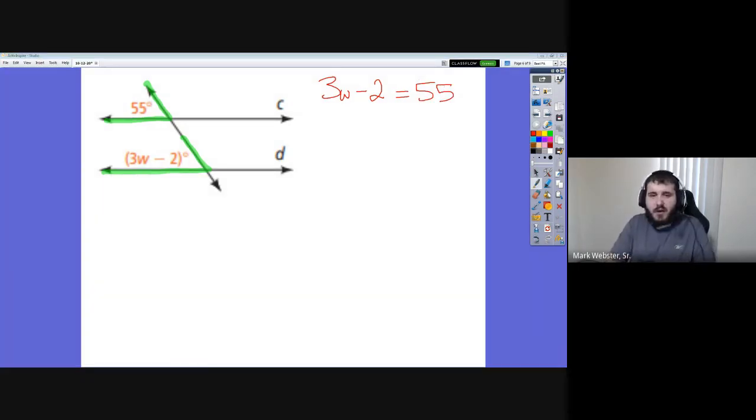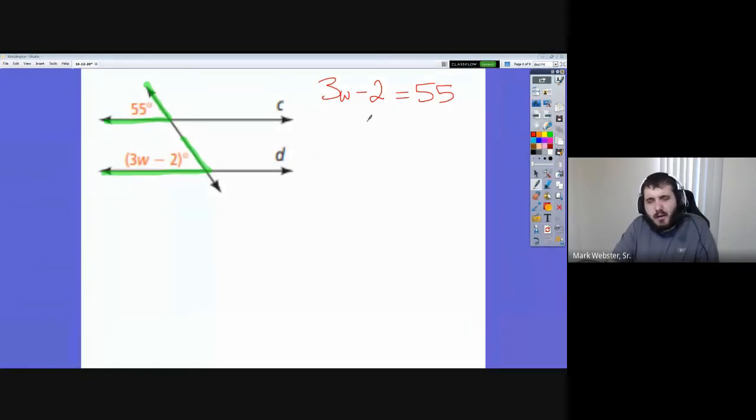All right, so let's talk about this. How do we know what the answer is? Let's solve for W. First thing we do, we see, okay, I've got a two-step equation. So I have to get rid of the plus or minus thing first.